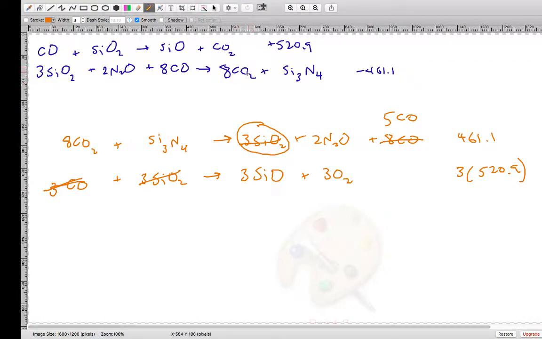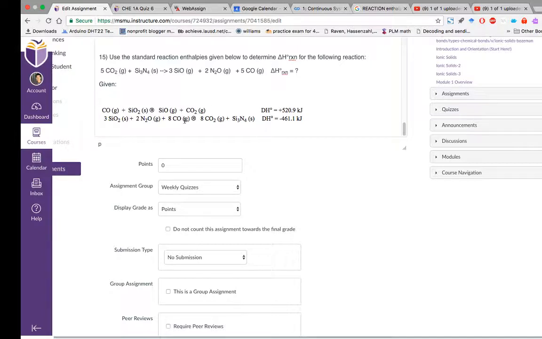It was this one, I remember. So CO2 and silicon nitride, were they the only 2 products there? No. I mean, yes, 8CO2 and silicon nitride. There's no oxygen gas here anywhere. So this is impossible then. There must be a typo here.